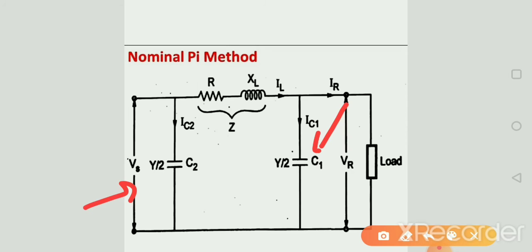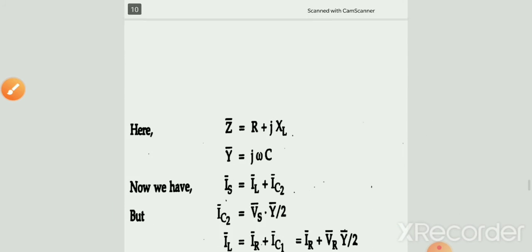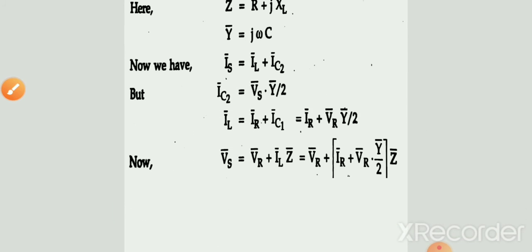Now we know that IL equals IR plus IC1, so we put the value of IC1 here, which is VR into Y by 2.